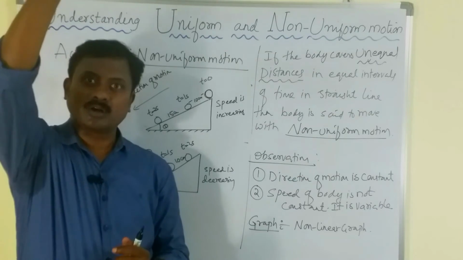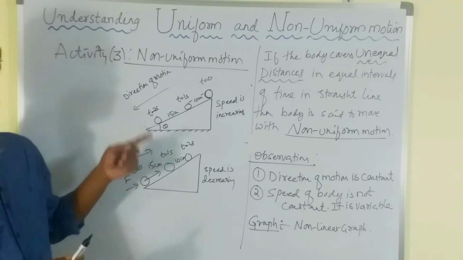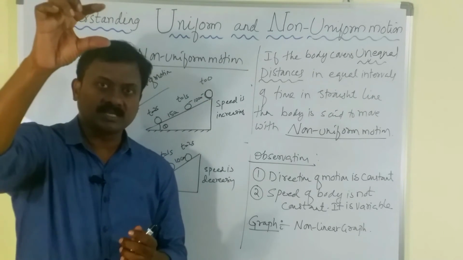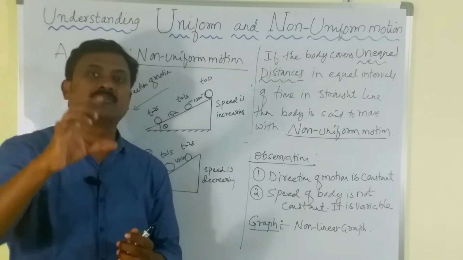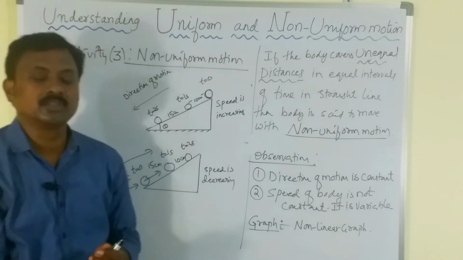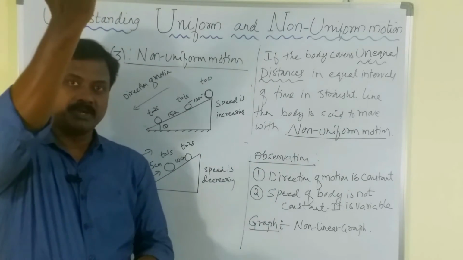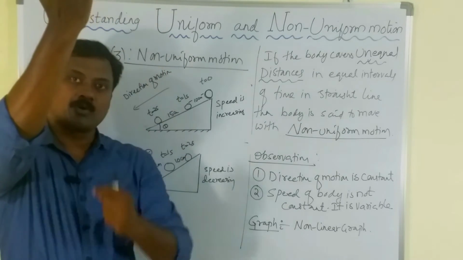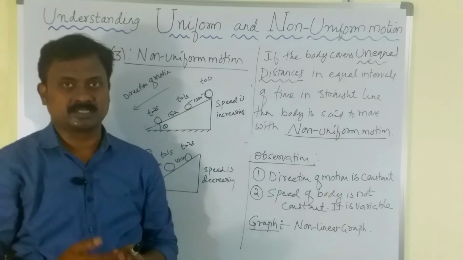And when the ball comes back, the distance covered will be less at first, but as the time proceeds, the distance covered will be more. So the speed increases. When you throw a ball upwards, the speed decreases and becomes 0 at the topmost point, and then as the ball comes back, the speed increases.